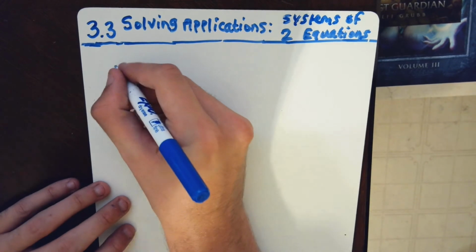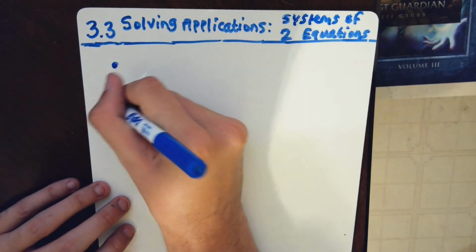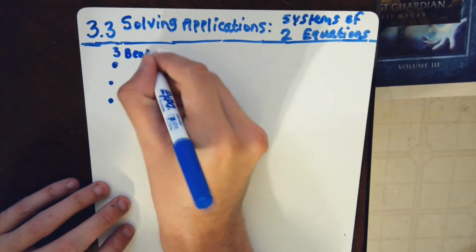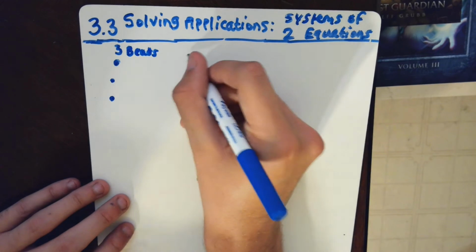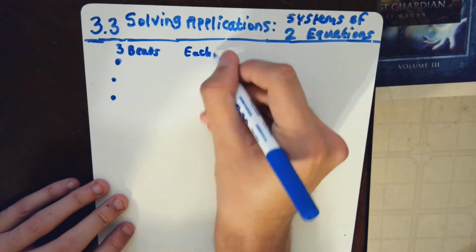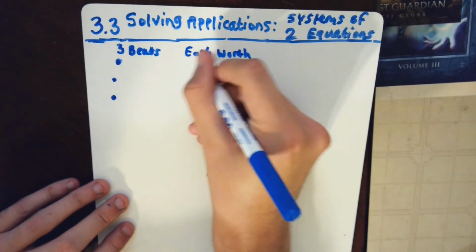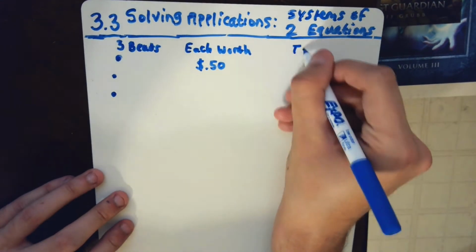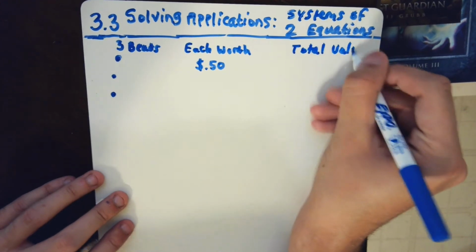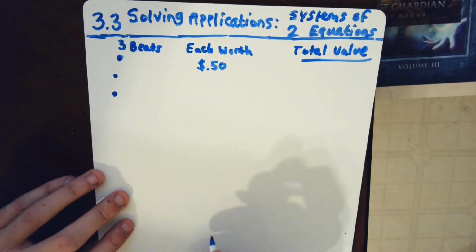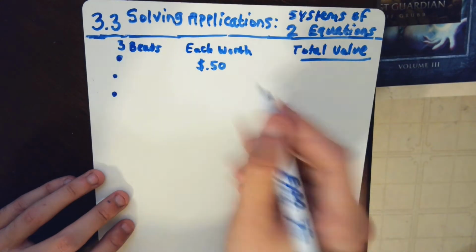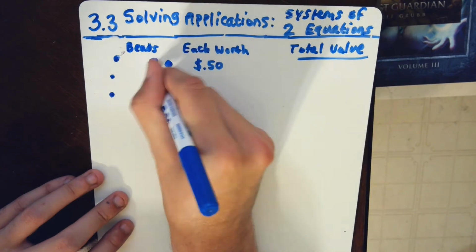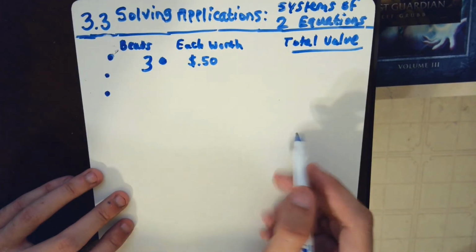So let's say that I have 1, 2, 3 beads. And let's say that I know that they're each worth 50 cents. Then to calculate the total value of all 3 beads, we would take 3 times 50 cents.